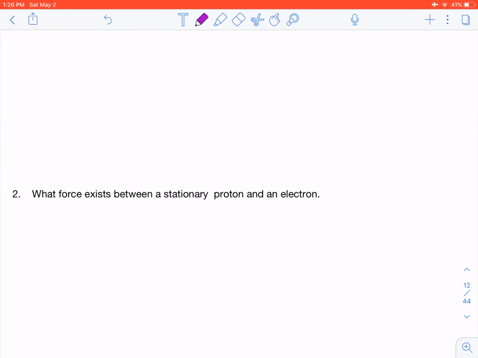What force exists between a stationary proton and an electron, right? I deliberately said stationary proton and electron. We know that because a proton is charged and an electron is charged, we have an electric force. Sometimes we refer to it as an electrostatic force.